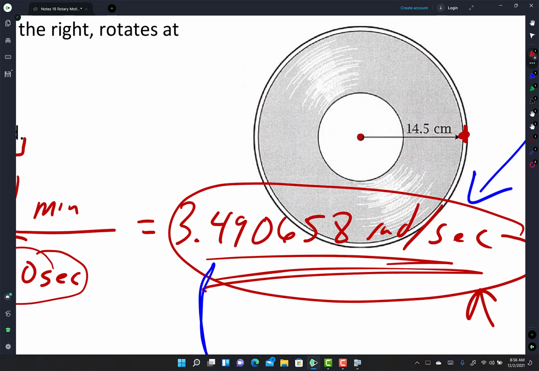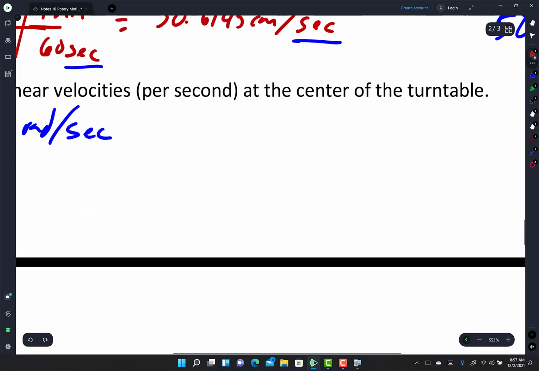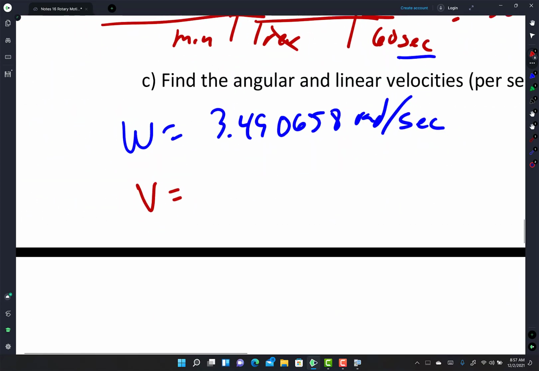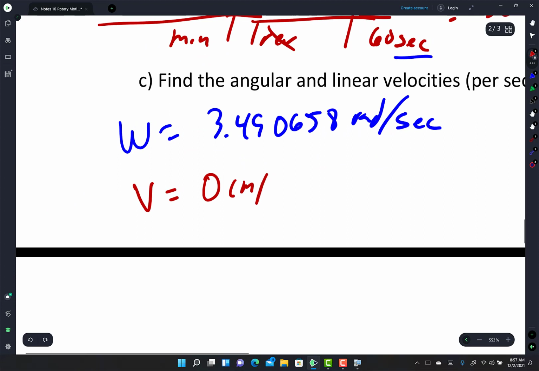If you're at the center, all you're doing is spinning. Have you traveled any distance? No. So what is the linear velocity at the center? 0. Make sure to put units. 0 centimeters per second or minute or whatever.